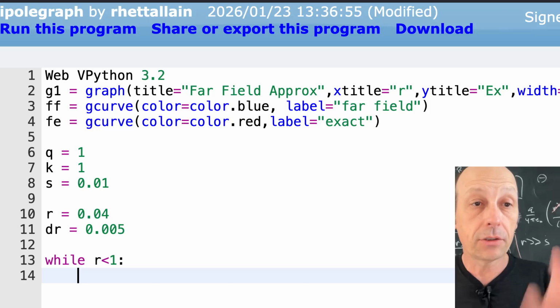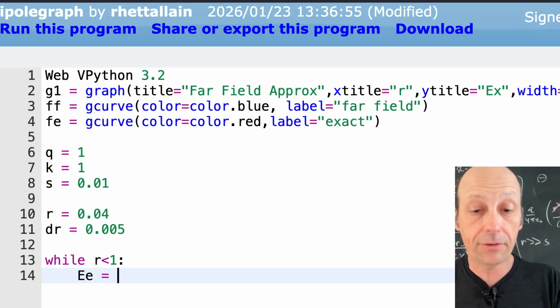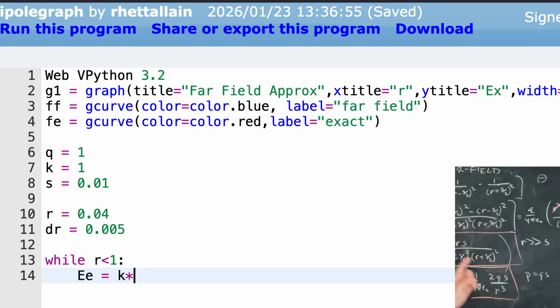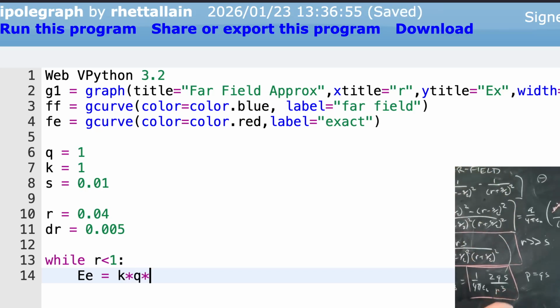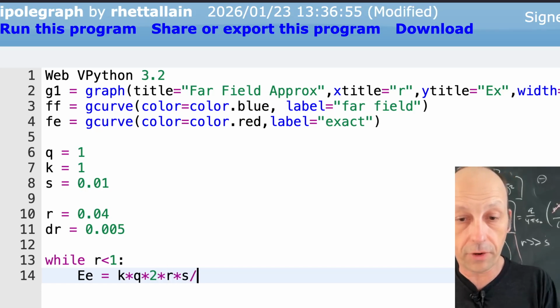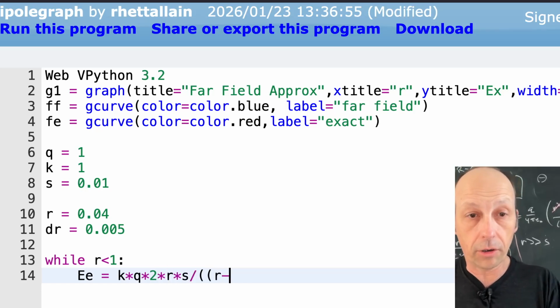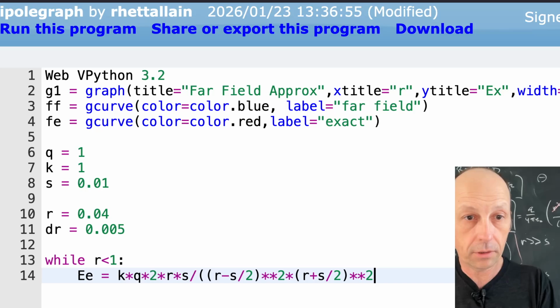So now what I want to do is to first calculate E exact. I'll call this EE, and it's going to be equal to k times, now I have this equation up here, k times q times 2rs divided by (r minus s over 2) squared times (r plus s over 2) squared, close parenthesis.